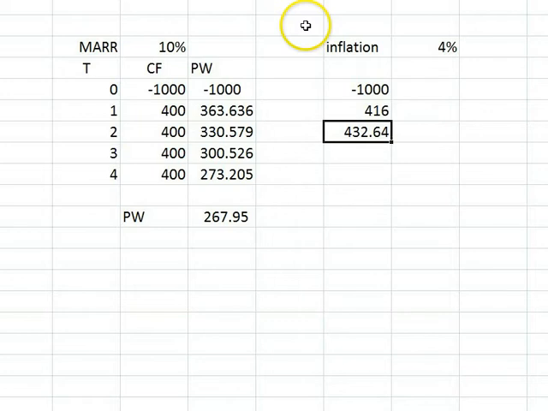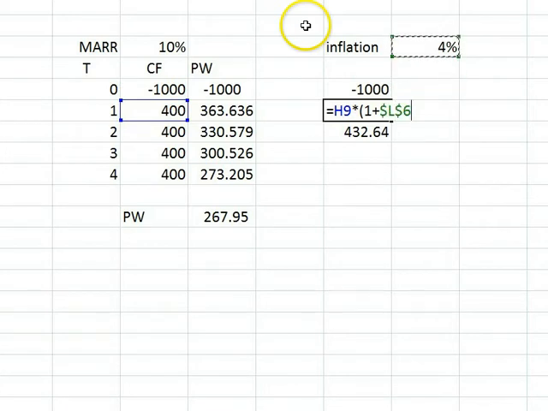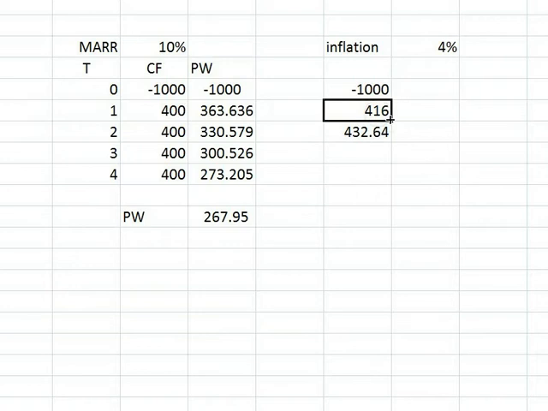If we continue with this process, you can see what the pattern is. I can simplify this expression as 400 times 1 plus the inflation, if inflation is to remain the same, to the t. And that is going to be the effect in the next 4 years.